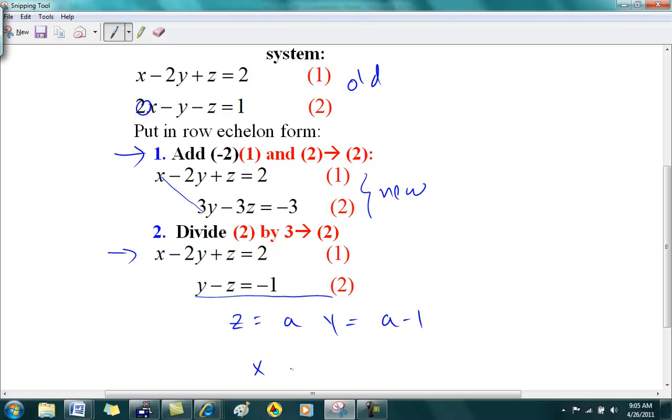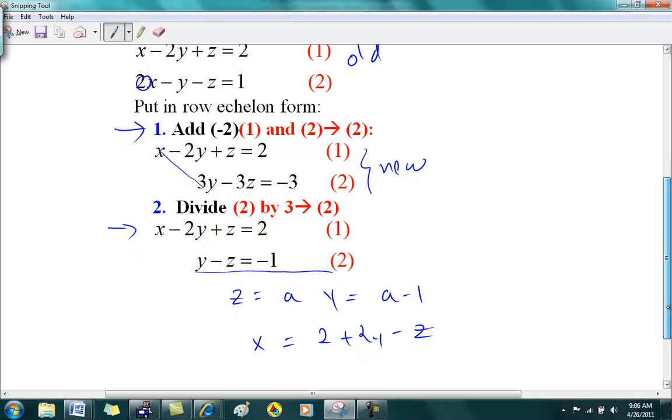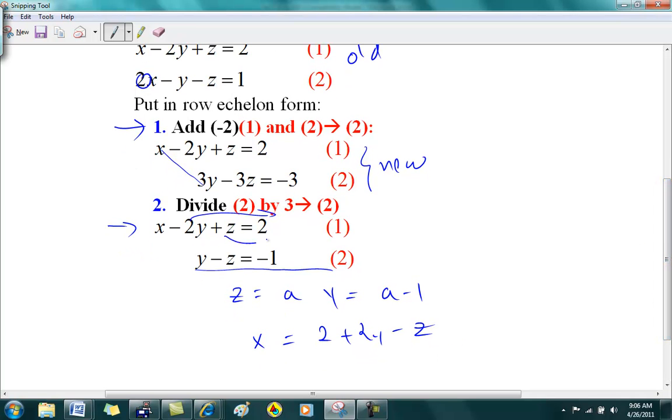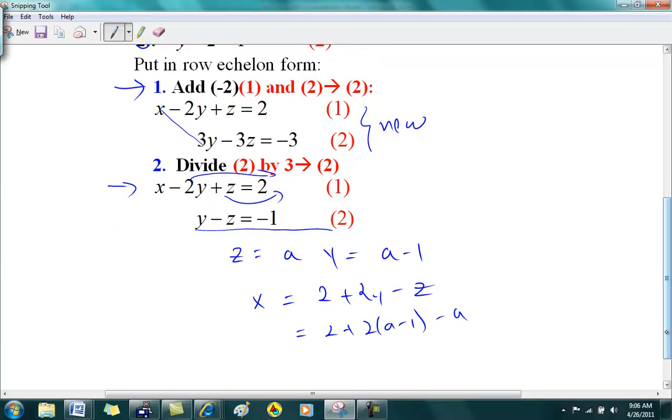So I get x equals 2 plus 2y minus z, by moving this over. Now I can substitute for y and z in here, and I get 2 plus 2 times a minus 1 minus a, which gives me 2 plus 2a minus 2 minus a, which gives me a. So my answers are x is a, y is a minus 1, z is a.